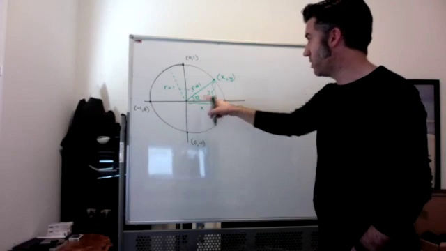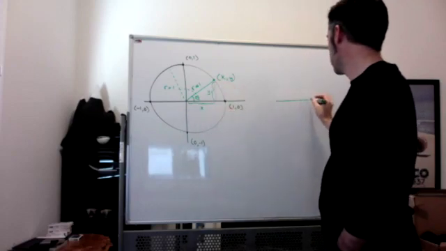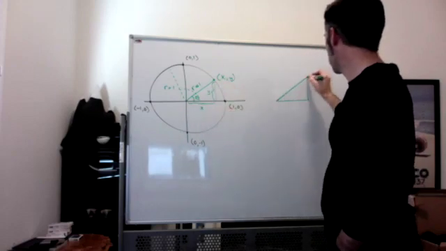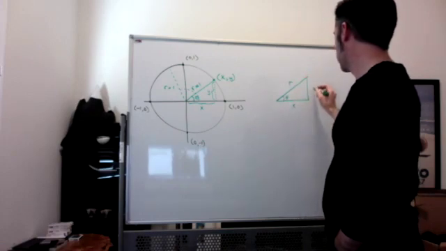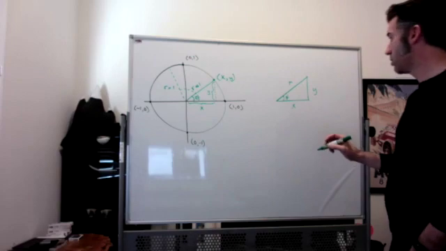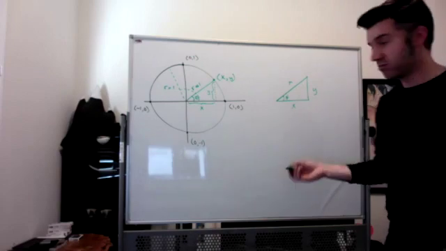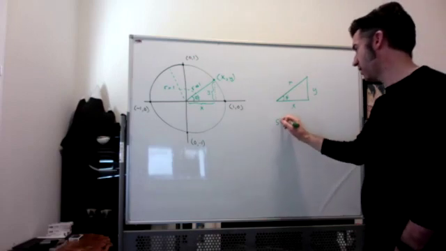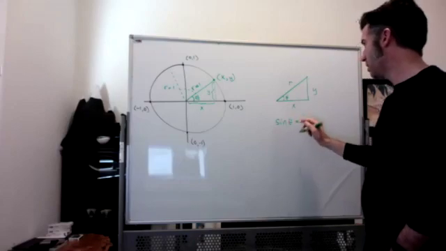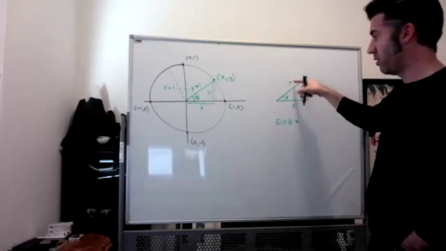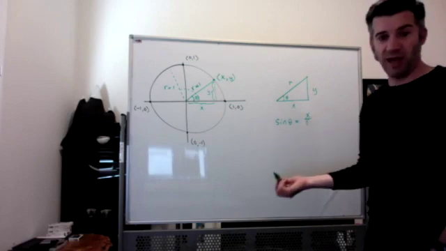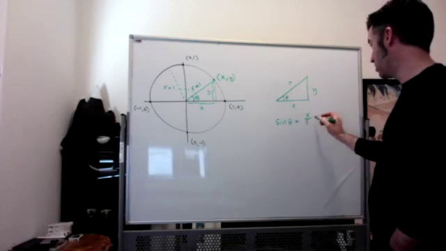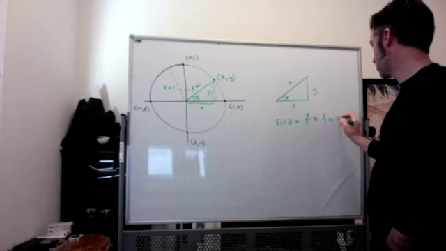So for this triangle here, I can find cosine and sine. Sine of that angle is the adjacent over the hypotenuse, which is x over r, which is x over 1, since r is equal to 1.